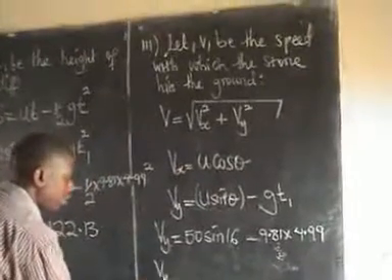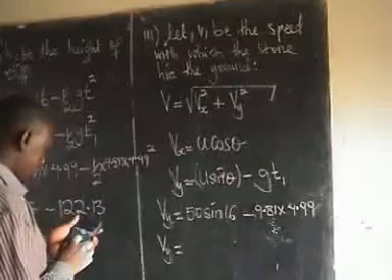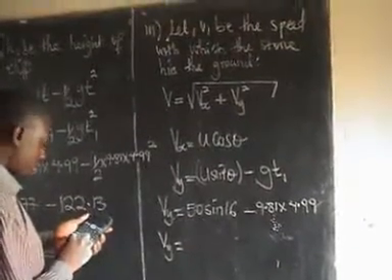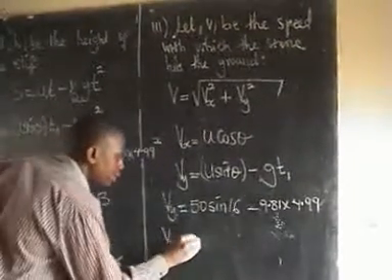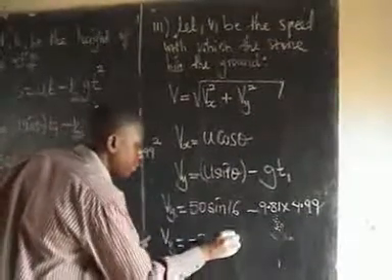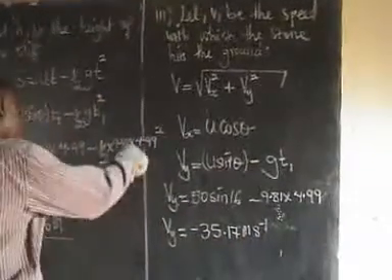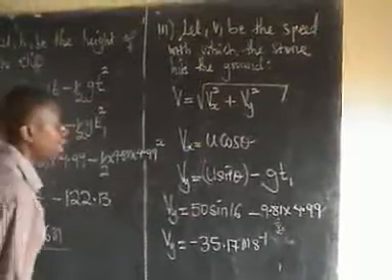So you get your vy, 50 sin 16 minus 9.81 times 4.99, negative 35.17. The negative means that the component is in the negative direction as indicated on the figure.